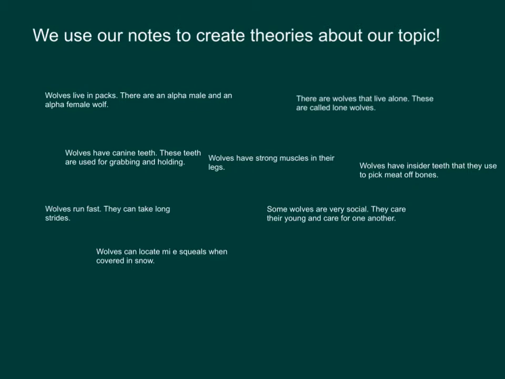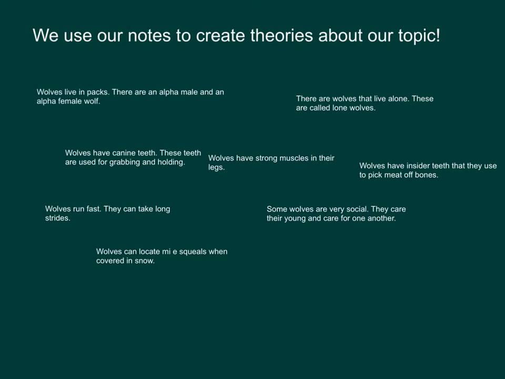So, we can use our notes to create theories about our topics, but first we have to look at what our notes say. I have quite a few notes that I've written about wolves from these books.